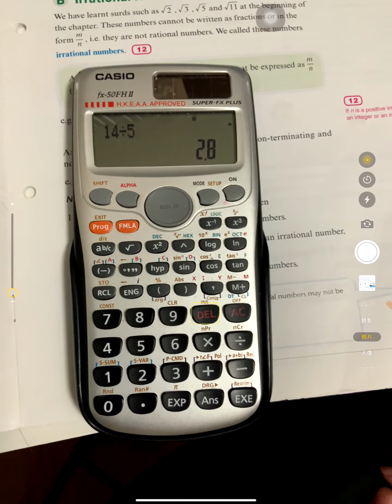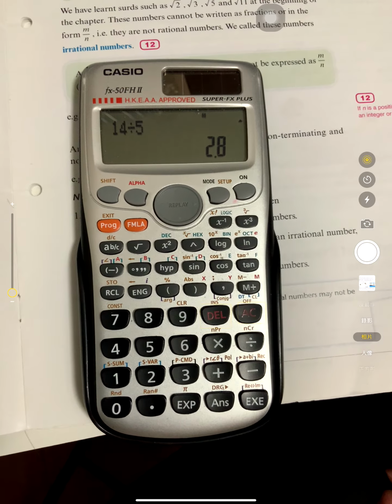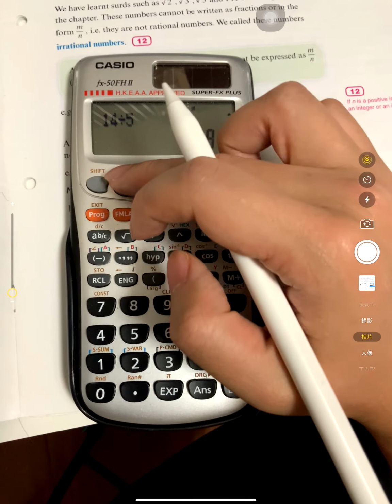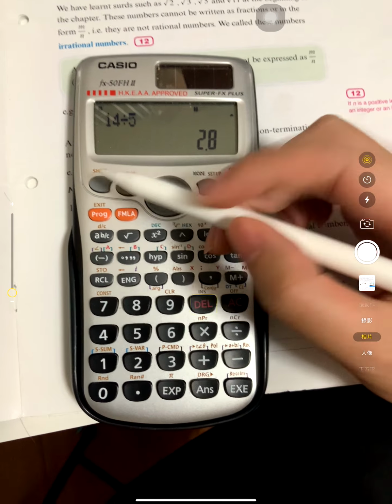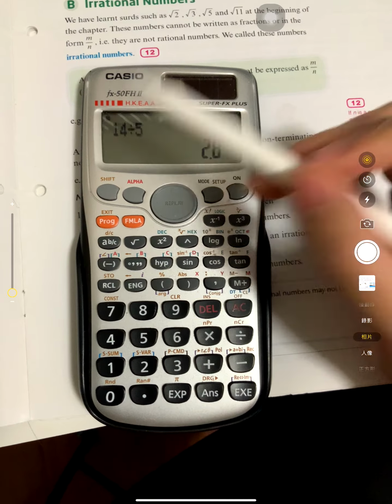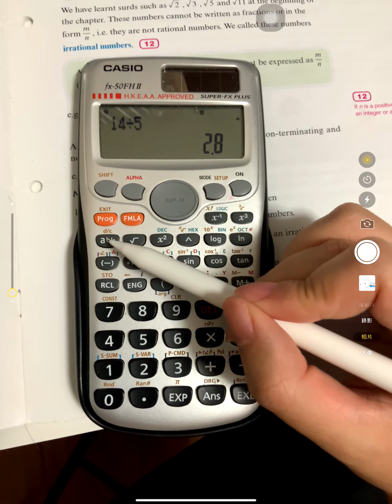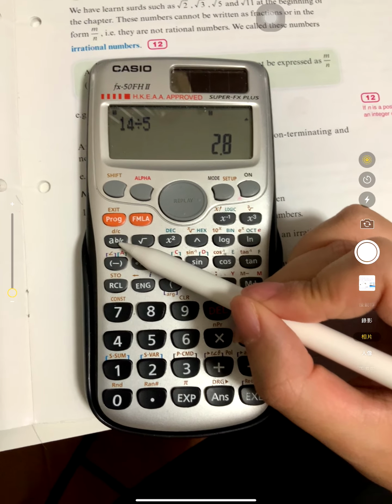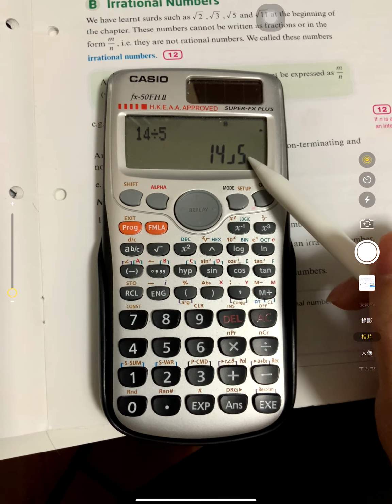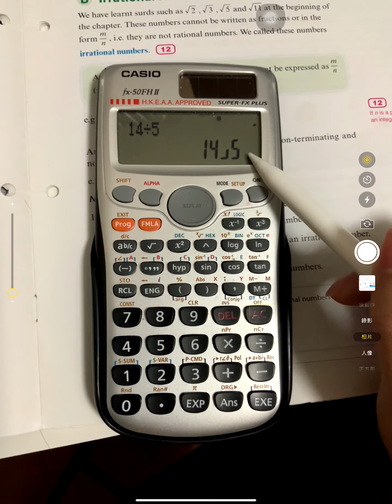But when we want to change it to a fraction, how can we do it? First, we press shift. You can see there is an icon here, S, and then we press this one, A B slash C, and then you can see the answer is 14 divided by 5, right?